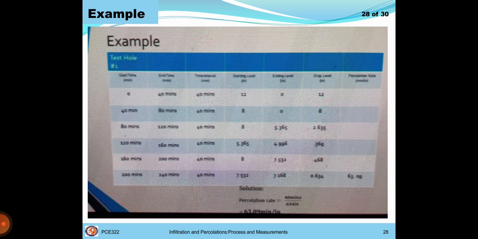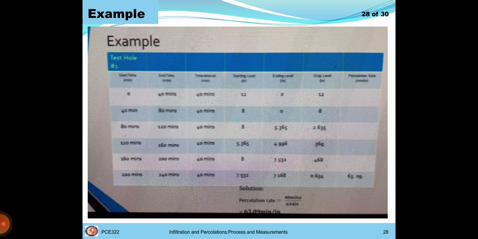So, an example for percolation. There is a table for the percolation example. In the table, there is a starting time, ending time, the time interval, starting level, ending level, then drop level of water, then percolation rate.